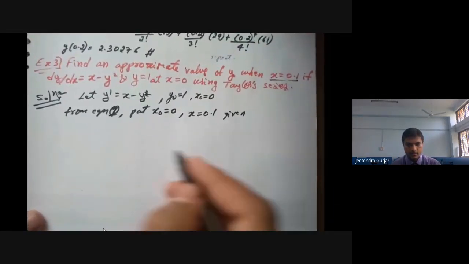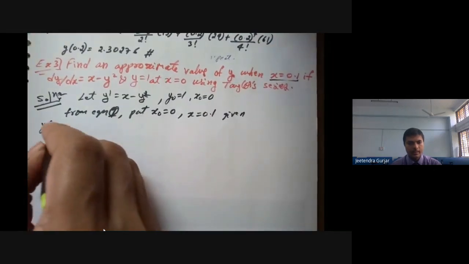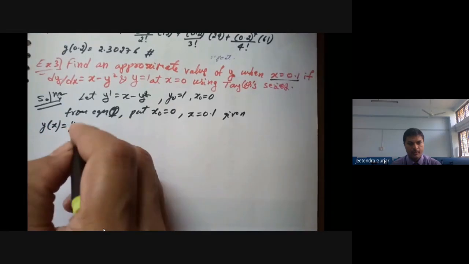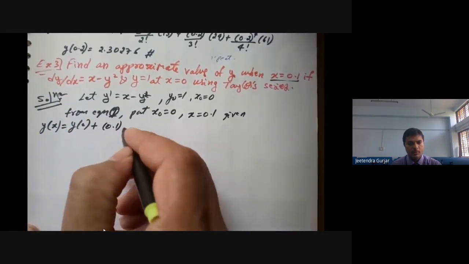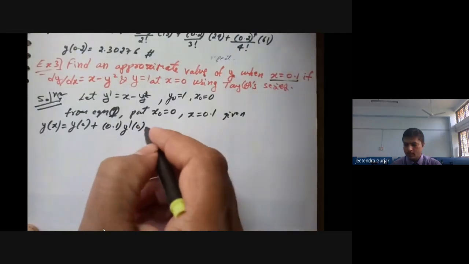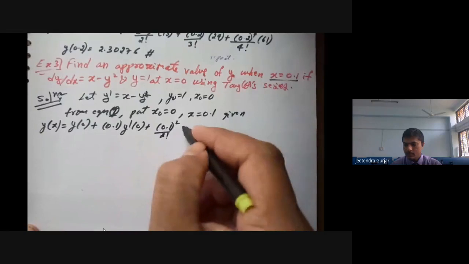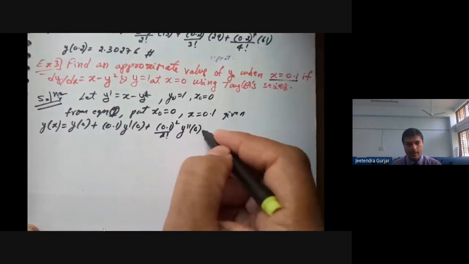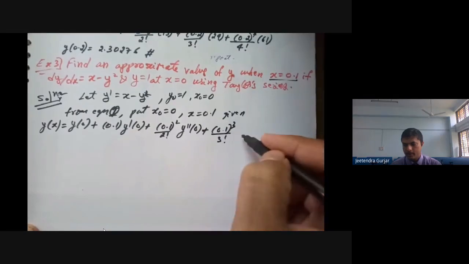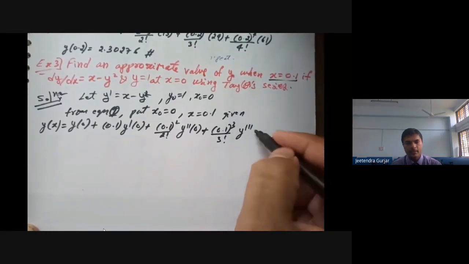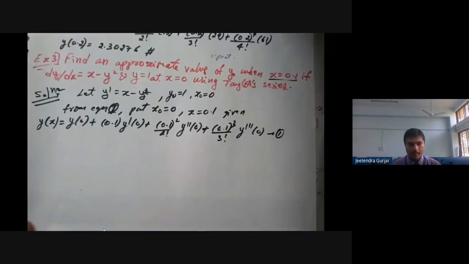When I substitute x naught is equal to 0 and x is equal to 0.1 in the Taylor series expansion formula, what I get here is y of x is equal to y of 0 plus 0.1 y dash of 0 plus 0.1 square upon 2 factorial y double dash of 0 plus 0.1 cube divided by 3 factorial y triple dash of 0. Till here everyone have understood substituting value and writing in the formula.